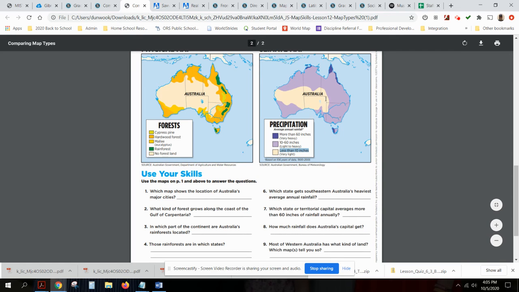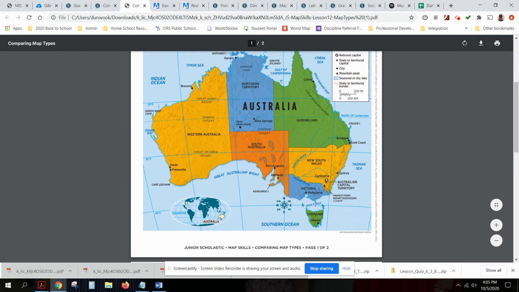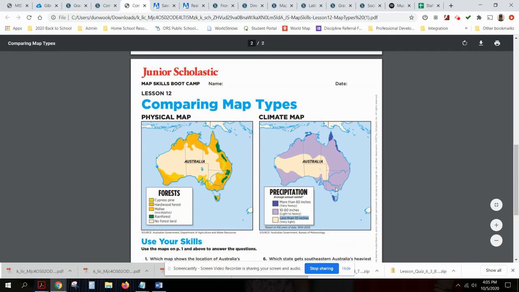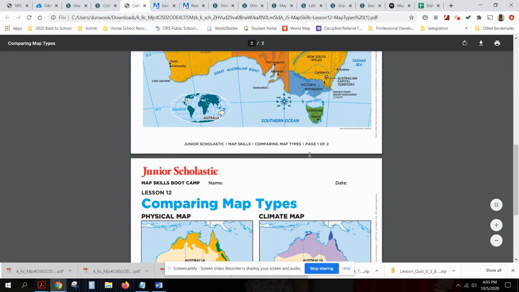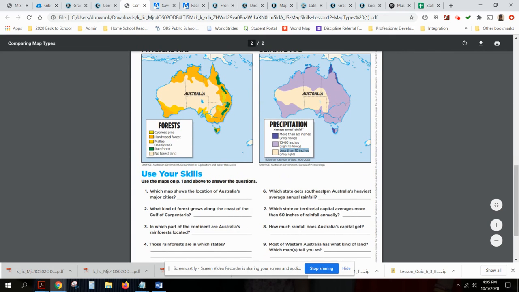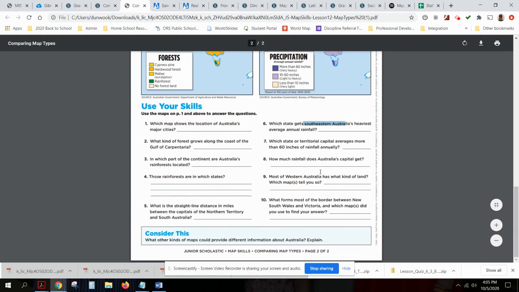Well, it doesn't give me the state names here, but if I scroll up and look at this map, I can see that Tasmania has some of that darkest purple. So Tasmania is going to be the answer to number 6 because it gets southeastern Australia's heaviest average rainfall. Okay.